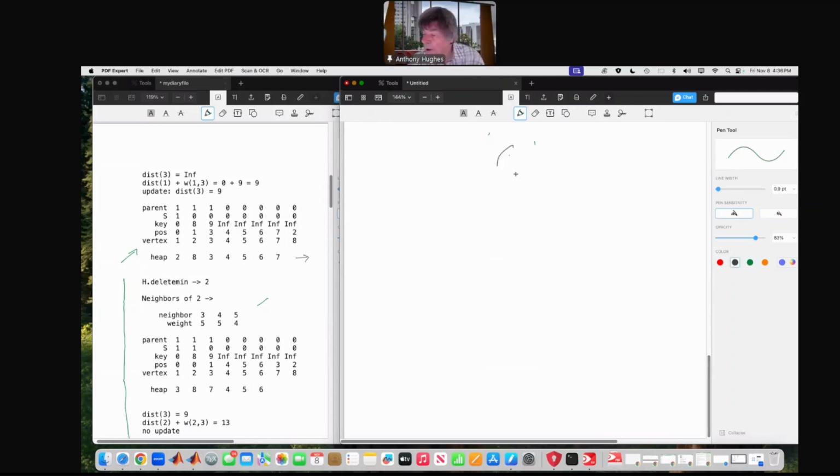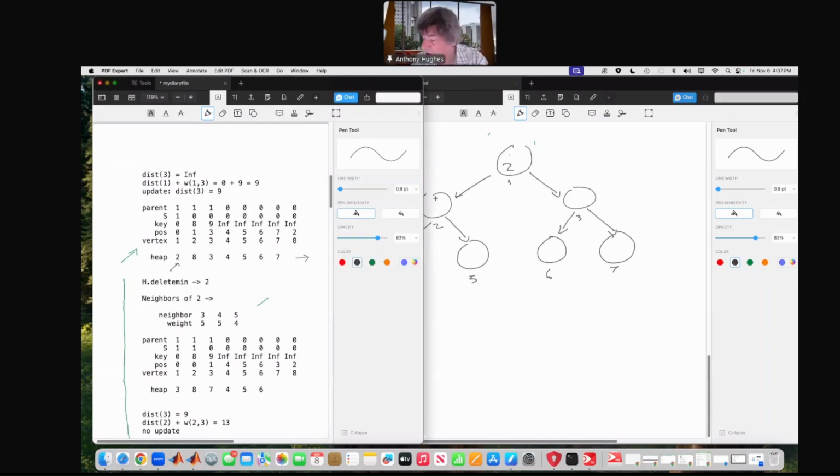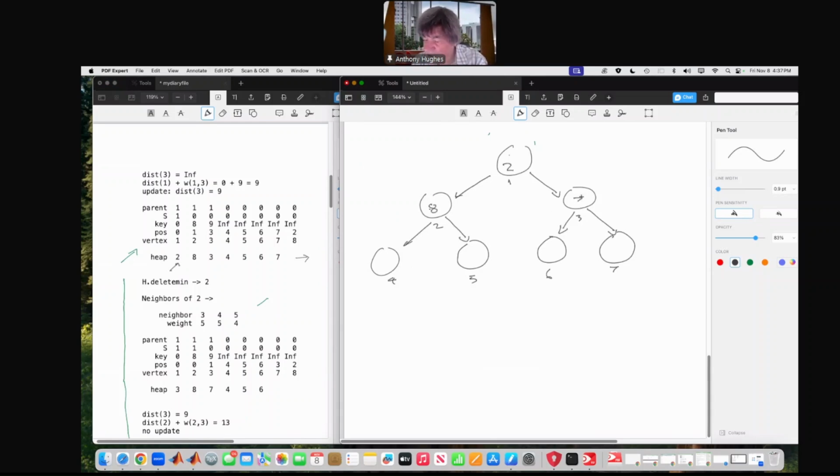So let's read the data. 2 is at the top. 8 is second. 3 is third. 4 is 5. 5 is 6. 6 and 7 are in the same position.